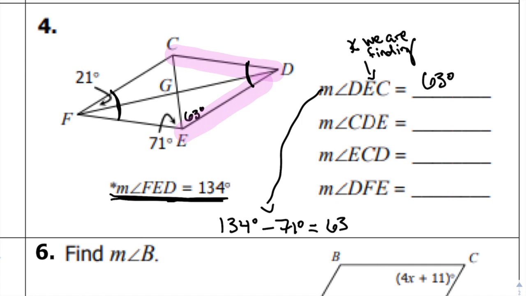So we want to focus on this angle first. I know that consecutive angles are supplementary, so this angle plus this angle has to add up to 180. So we want to do 180 minus all of this angle E, which is 134.